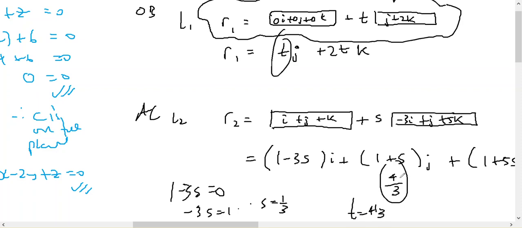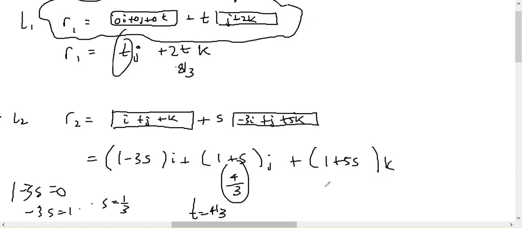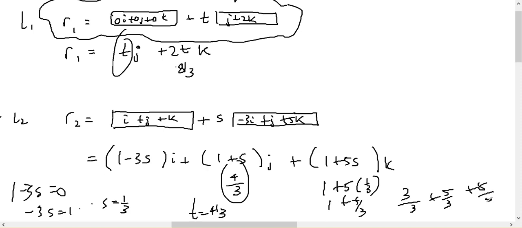Now, if that is the case, then 2 times 4/3 is 8/3, and 1 plus 5s, which is 1/3, is 1 plus 5/3, which is 3/3 plus 5/3, which is 8/3, which is correct. So those two values of s and t are correct.